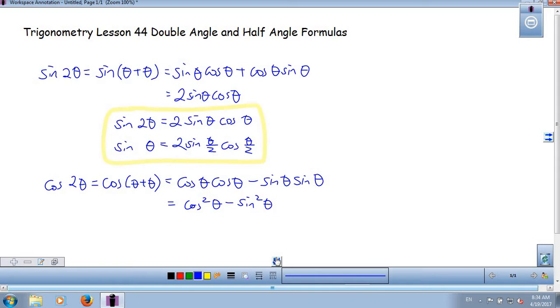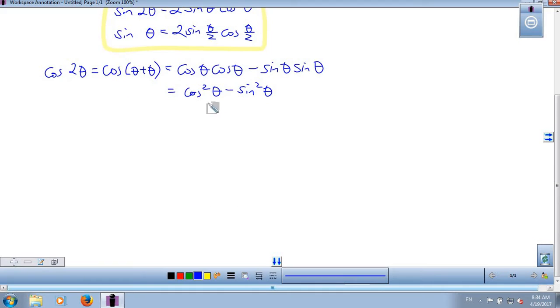This is definitely one way to express cosine of 2 theta. Now what's another way to do this? Remember the Pythagorean identity: cosine squared theta plus sine squared theta equals 1. So I can replace cosine squared theta with 1 minus sine squared theta, and I can write it as 1 minus 2 sine squared theta.